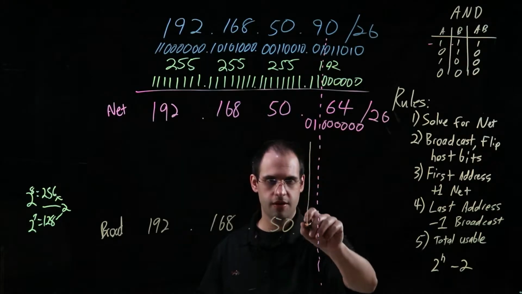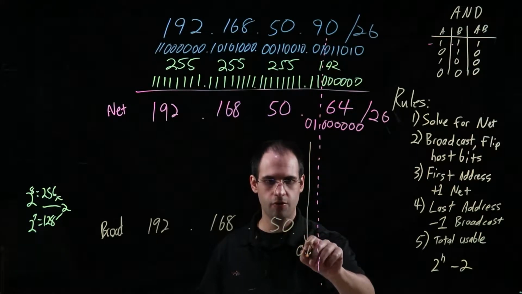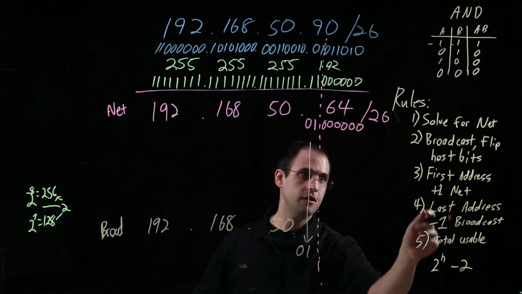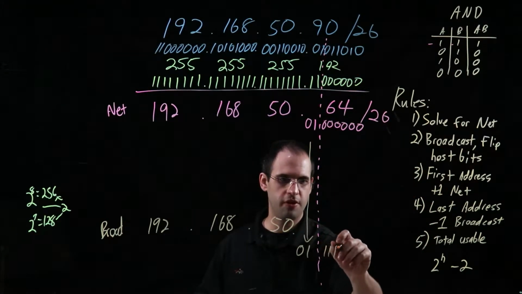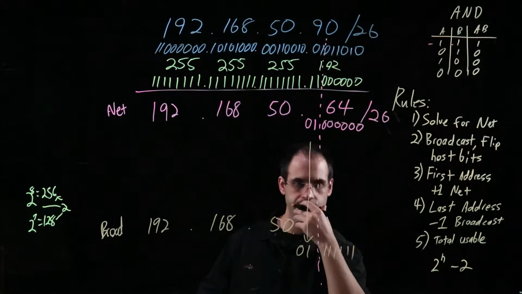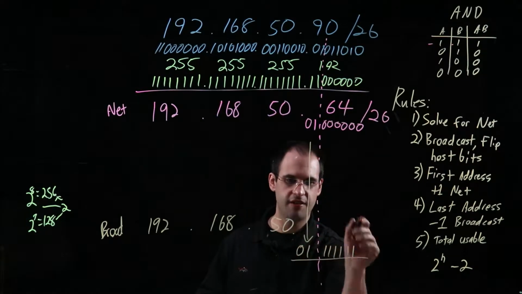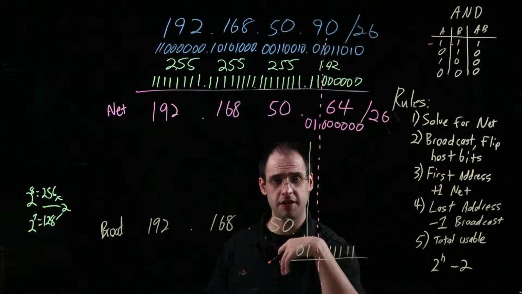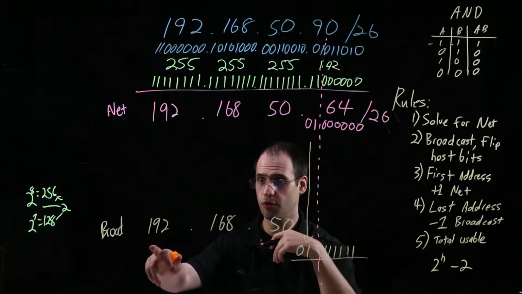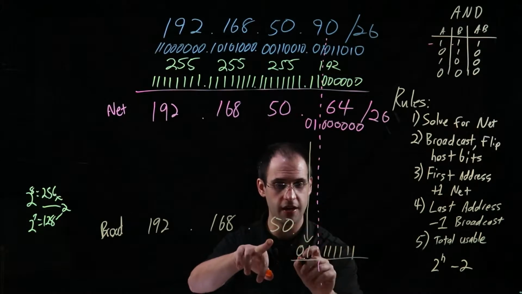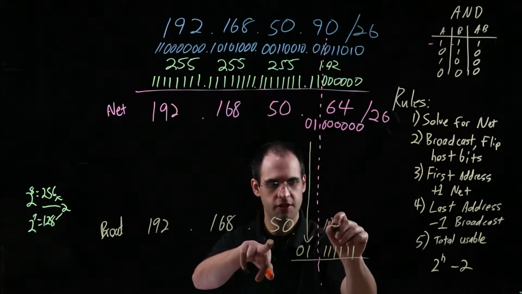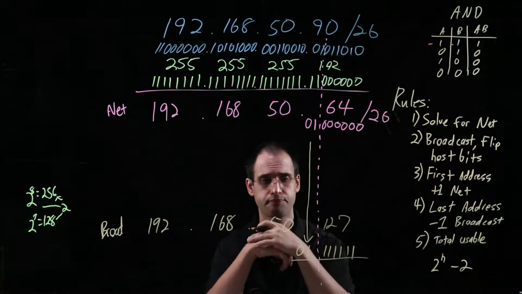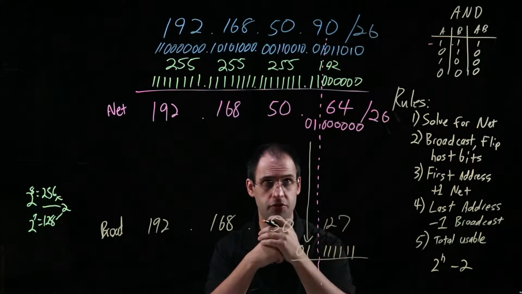So these come down here, 0, 1. And once again, we flip our host bits. 1, 2, 3, 4, 5, 6. Then we take the entire thing and find the decimal equivalent, which in this case is 192.168.50. We had this last time, 0 and then 7 ones, 127. So there's our broadcast address.